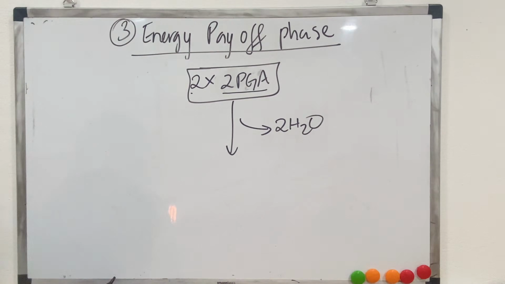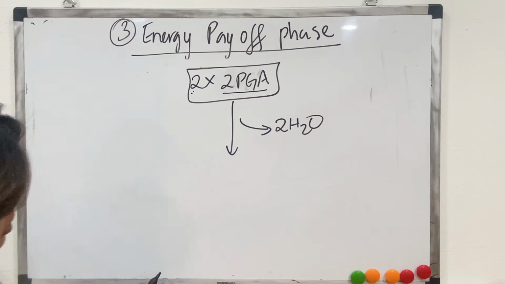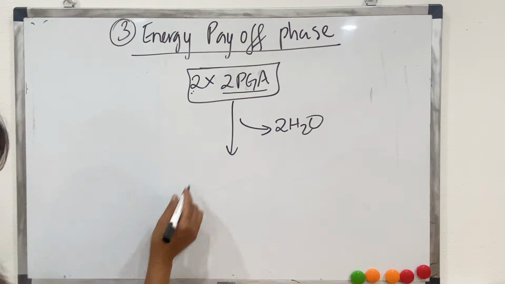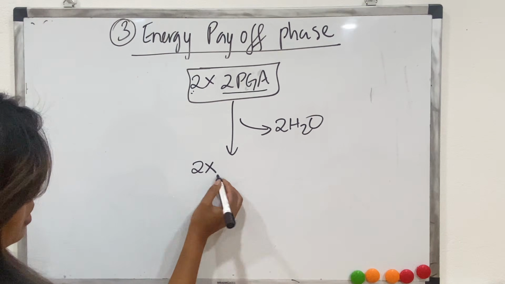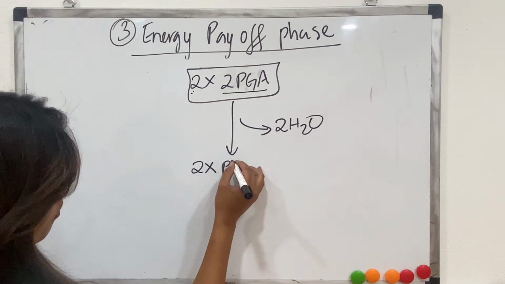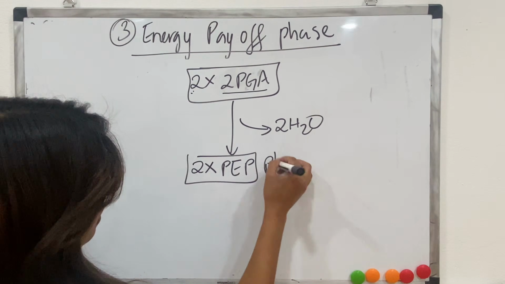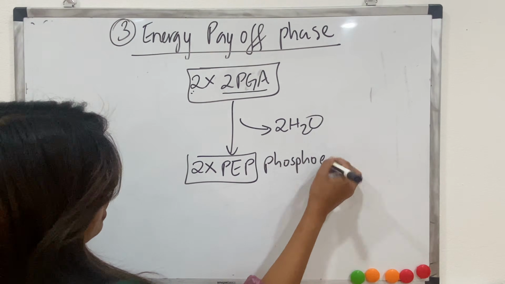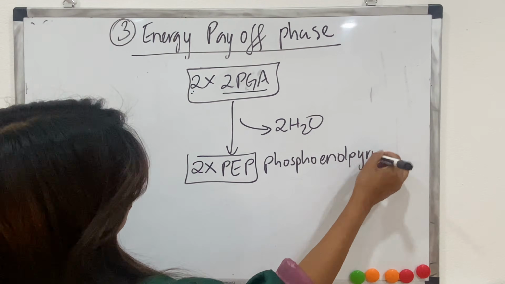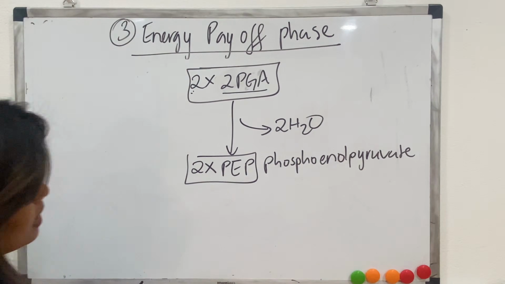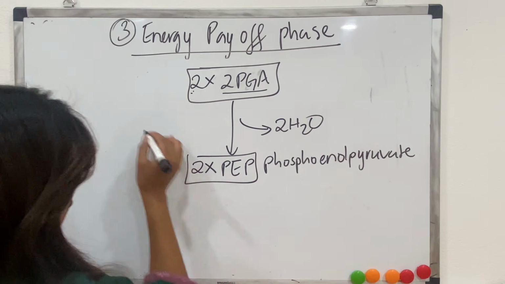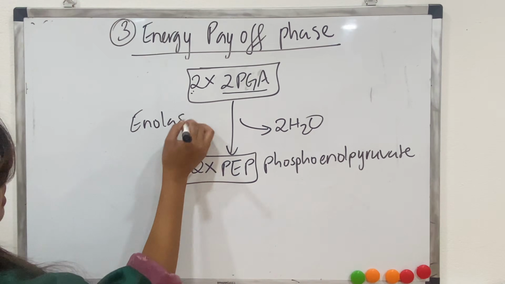Since there are two molecules of 2-PGA, there will be removal of two molecules of water. And it will get transformed to two molecules of phosphoenol pyruvate. In short, you can write it as PEP. And the enzyme that catalyzes the reaction is enolase.